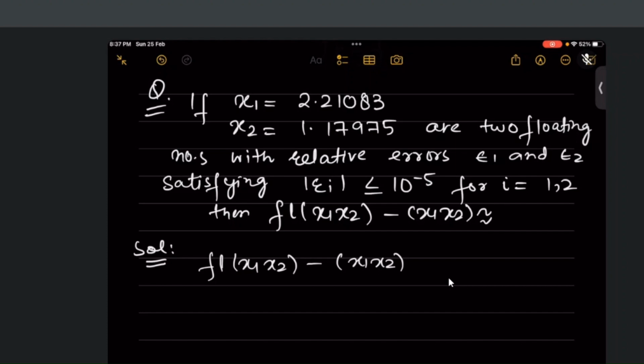And tell me what you are getting, the simplified version of this expression. Give it a try and then we will discuss it.